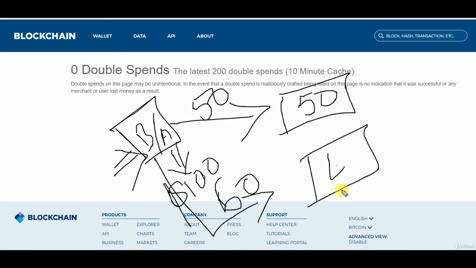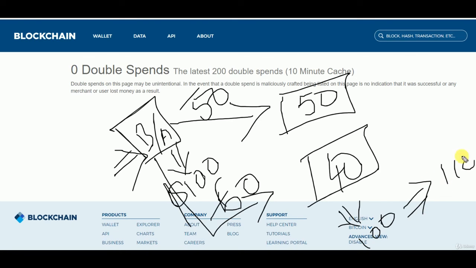But actually both are making transactions at the same time, one for $50 and another for $60, while the actual amount in the account is just $100. So together they are making transactions for $110.